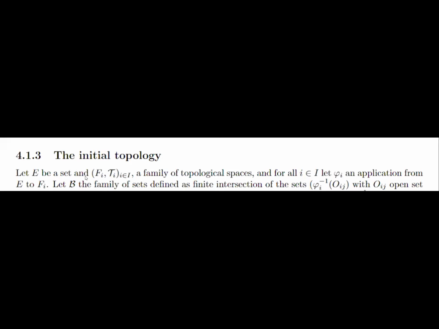Now you define a set B of sets defined as finite intersections of the following: you look at the open sets in the Fi's, and then you take phi i minus 1 of the open sets.